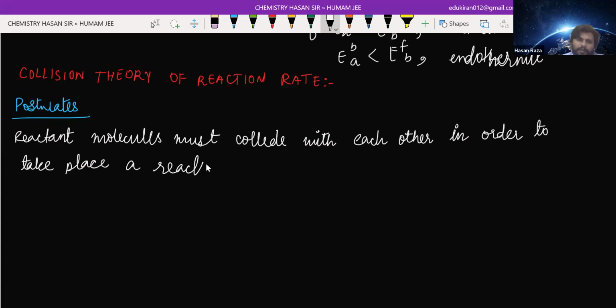So basically, to carry out a reaction, collision is very important between reactants.